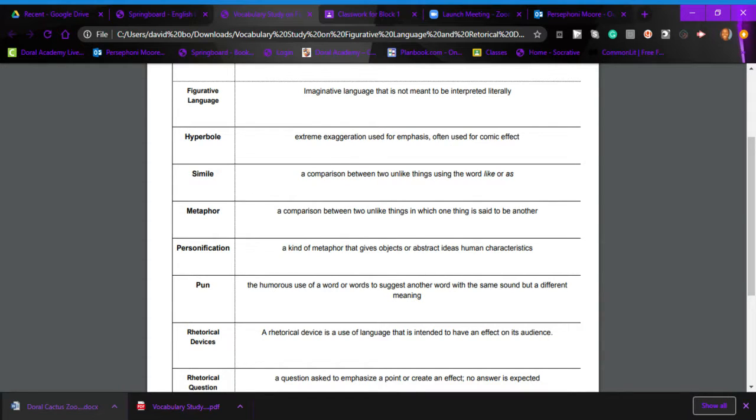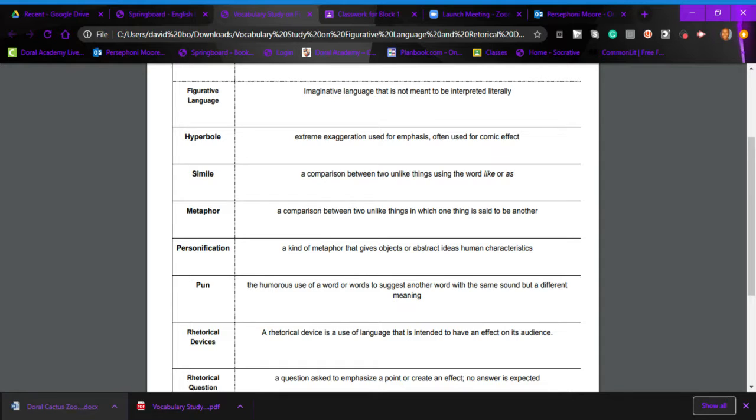Your next type of figurative language is a pun. Puns are the humorous use of a word or words to suggest another word with the same sound, but a different meaning. Puns are really punny. Ha ha ha. Oh, but that's kind of a simple idea of a pun.